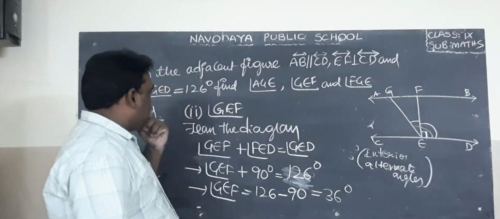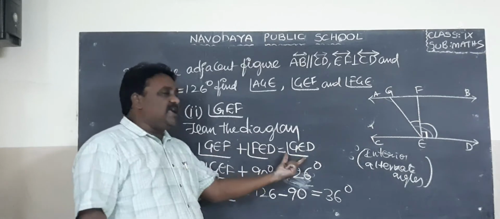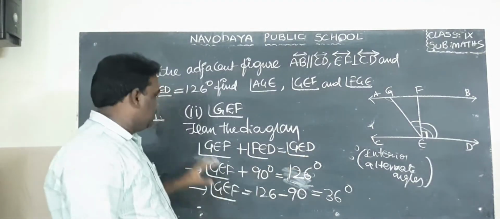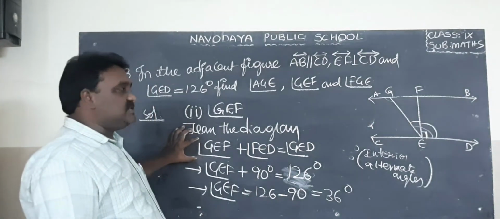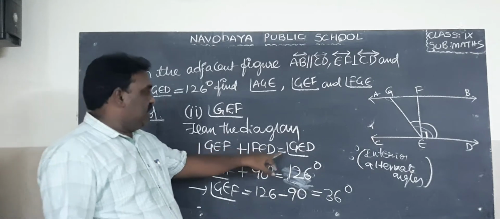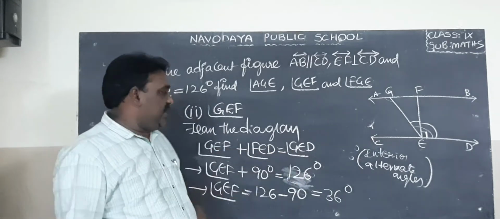Okay? So from the diagram, angle GED is the combination of two angles. First angle, angle GEF plus second angle, angle FED equal to angle GED.